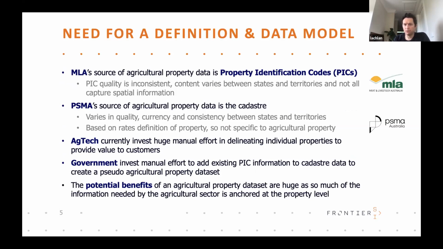Another issue was that they didn't consistently store spatial information at all. In most cases they were recording some spatial information. It might be a single lat-long of the centre of a property. In other cases, it may simply be a postcode of where that property is based, and that really limits what you can actually do with that data.